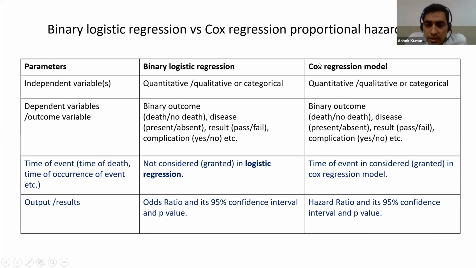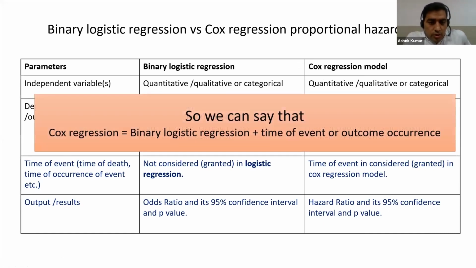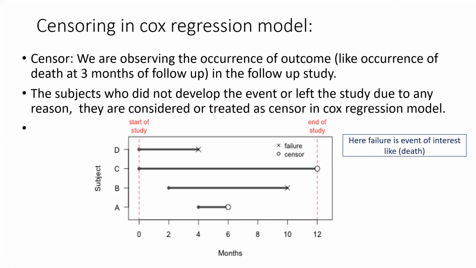So Cox regression is more powerful than binary logistic regression because it includes the time of event, time of recurrence of any event. So we can say that Cox regression is equal to binary logistic regression plus time of event or outcome occurrence. That is the difference between Cox and binary logistic regression.